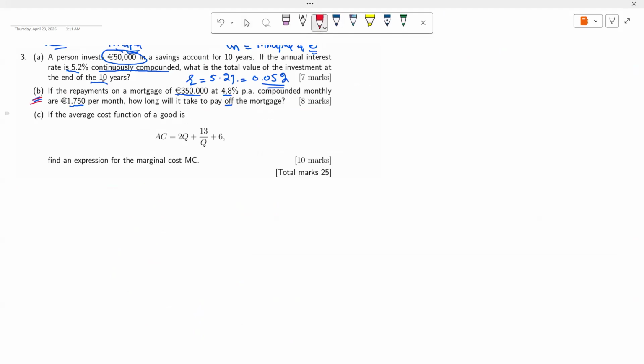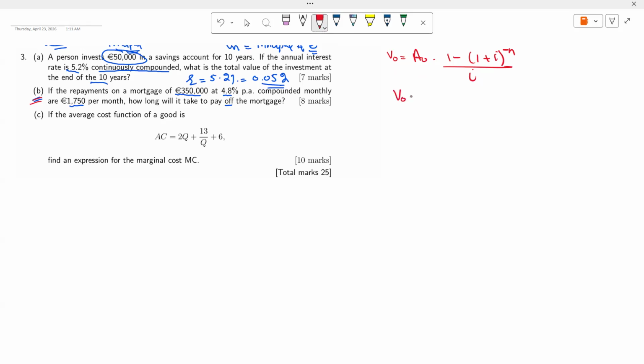So in the B part, again, it's a problem of loans and mortgages, so I'll refer to the present value formula. There's a purpose why I'm writing these formulas again and again: I want to make sure that these formulas are internalized.